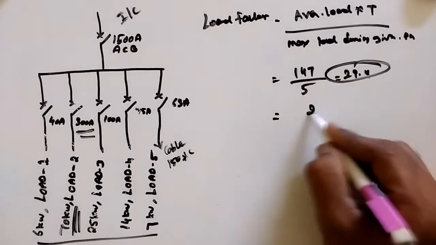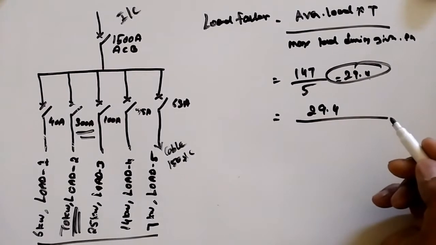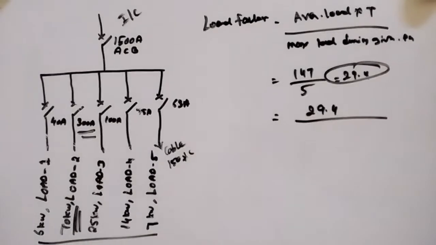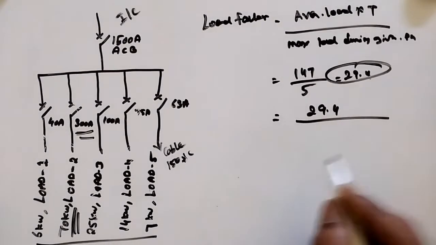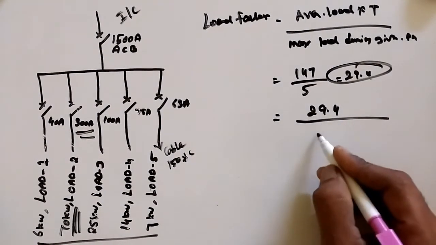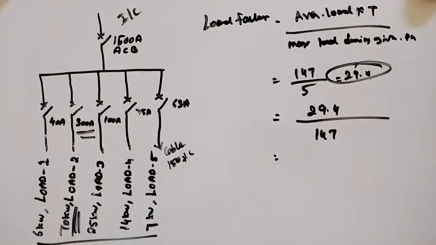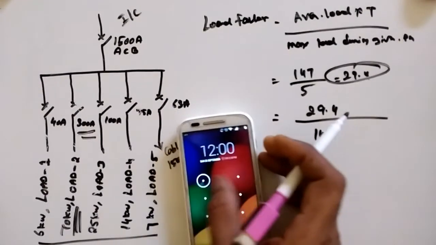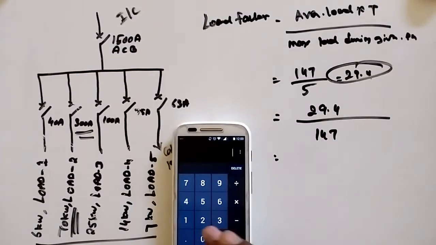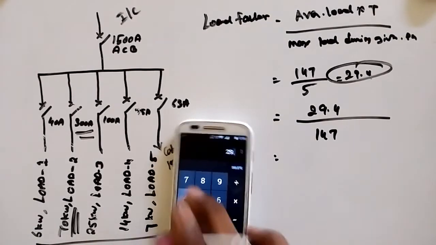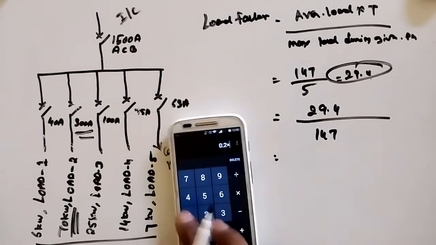So take this 29.4 and the maximum demand during the period, that means a different period, 147. 29.4 divided by 147 is 0.2, into 100.